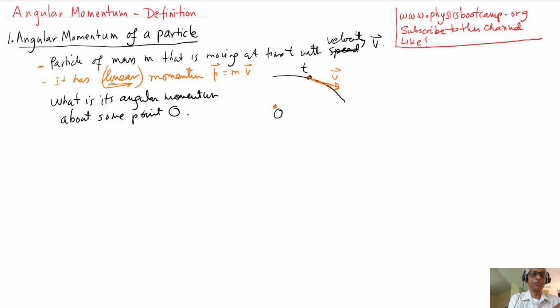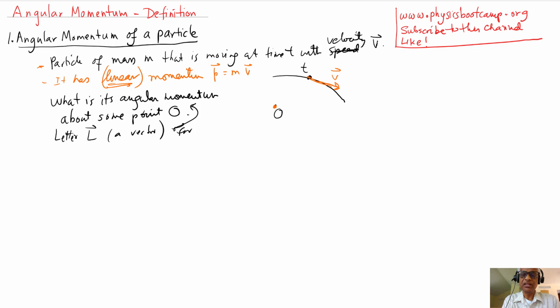Okay, so we are going to use letter L, and it is a vector for this quantity. So how do I define it? Why do I need this point?